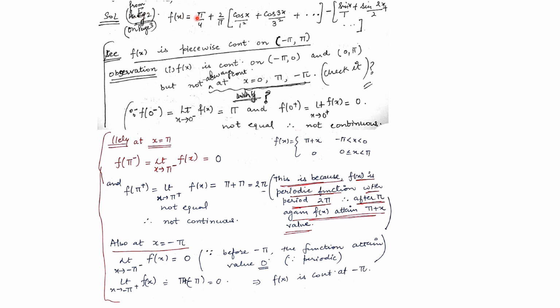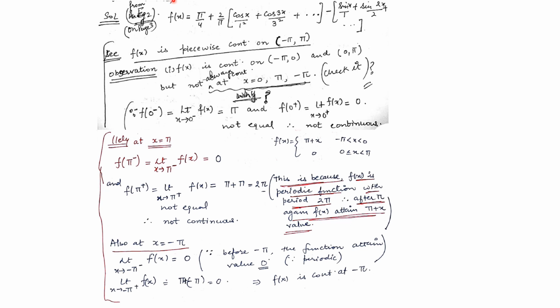Okay, but if we consider any point from minus pi to 0 or 0 to pi, let's suppose pi by 2, and substitute x is equal to pi by 2 in the right hand side. Since our function is continuous at pi by 2, it converges to the value of the function at pi by 2.